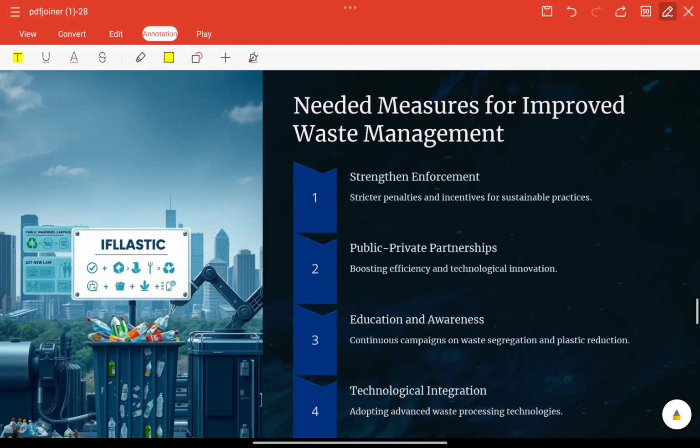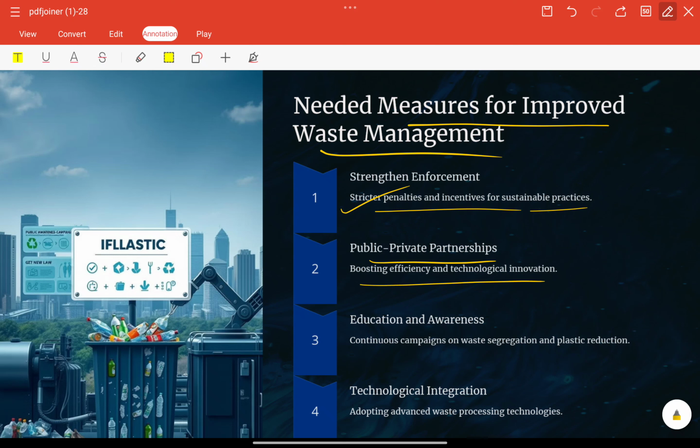Other than that, we need to provide some needed measures for improved waste management, right? Finally, the needed measures are strengthening enforcement, with strict penalties for violation of plastic bans, which is very important. For example, incentives for sustainable practices are also very essential, right? Next, public private partnerships are also very important, boosting efficiency and technological innovation to control or reduce this plastic or solid waste management pollution.